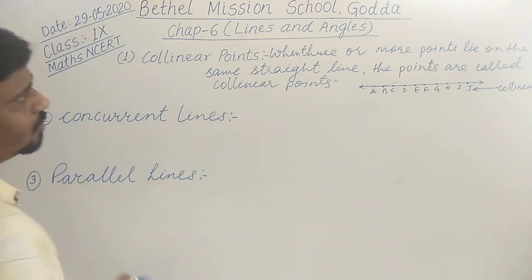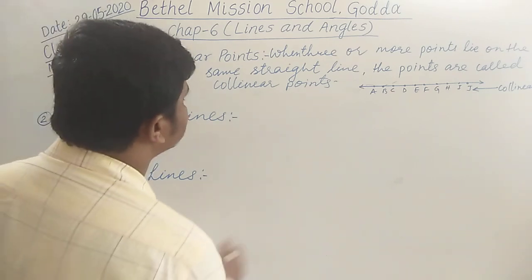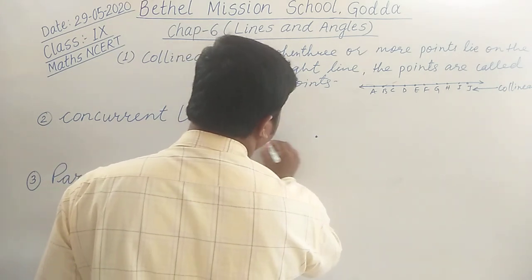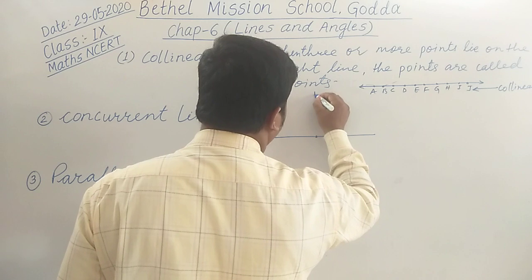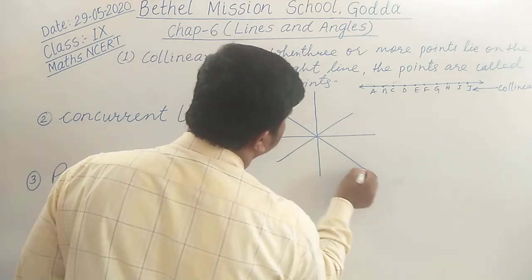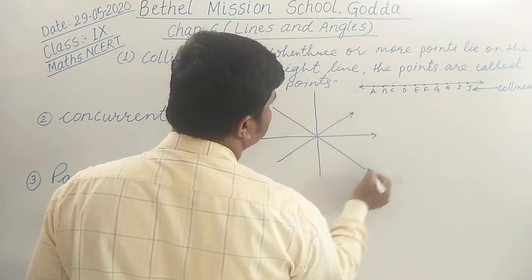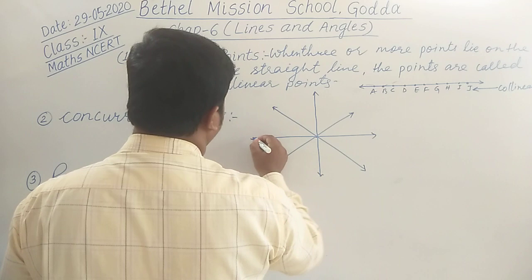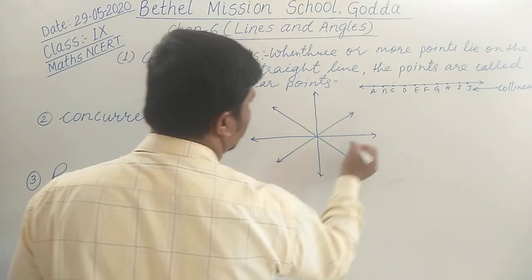Concurrent lines. What type of lines are called concurrent lines? When 3 or more lines pass through the same point, they are called concurrent lines.